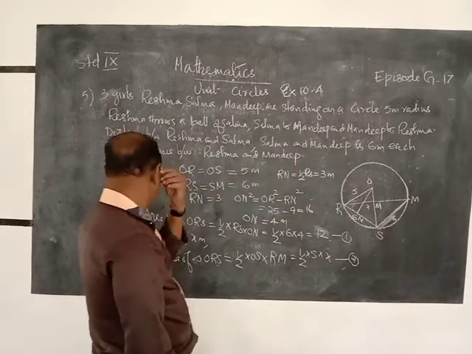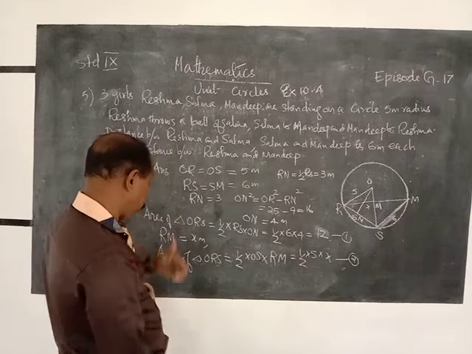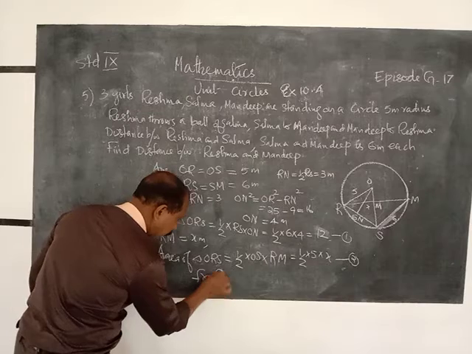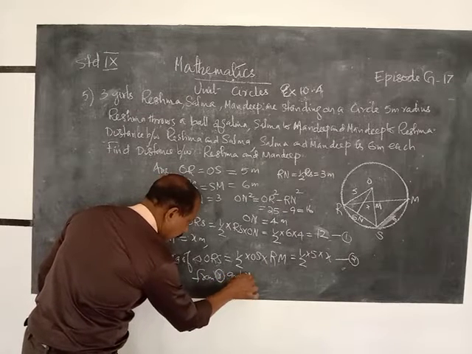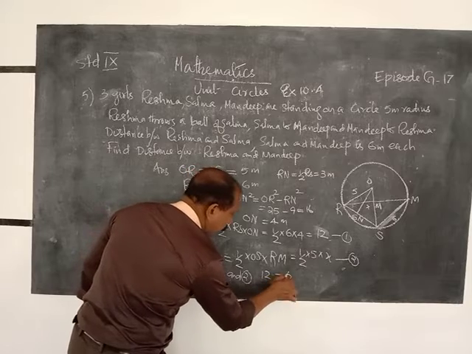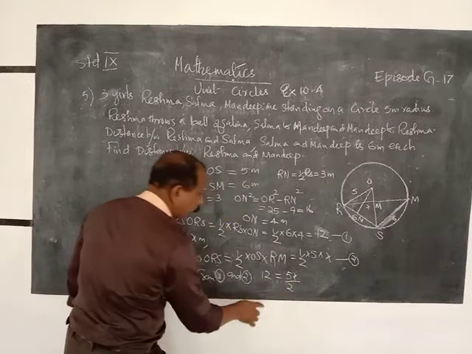They are equal. Therefore, from 1 and 2, 12 is equal to 5x by 2, 24.